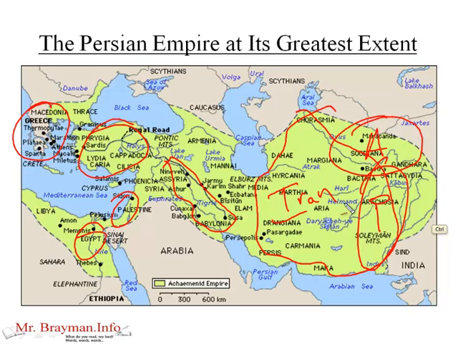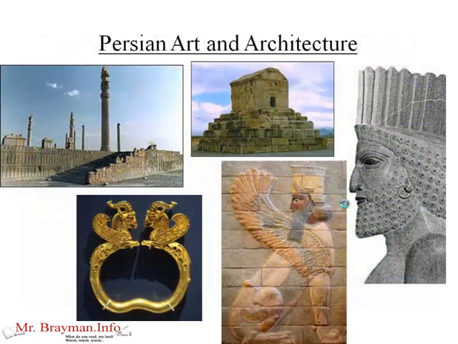So you might ask yourself, given our relationship with Iran over the last 10 years, why would the movie 300 present the Persians in such an unattractive way? Persian art and architecture, very, very beautiful. You can see some of the influences of Mesopotamia, some of the influences of Egypt, some of the influences of even Greece in some ways.